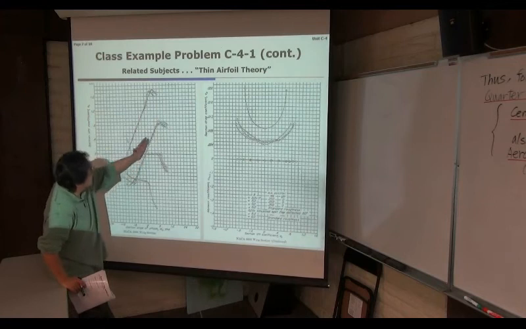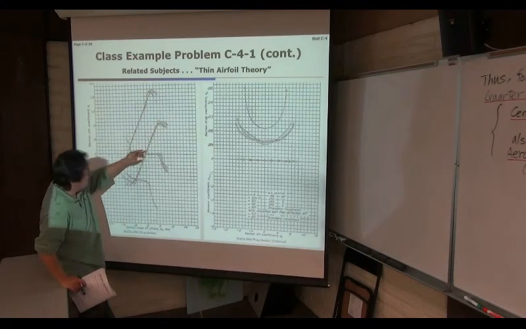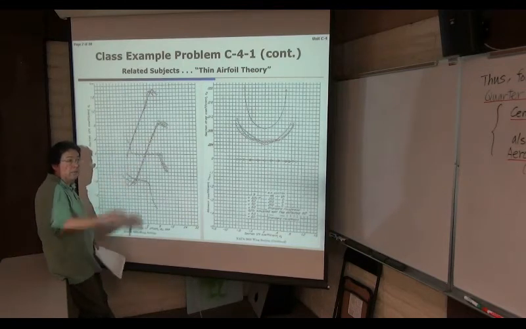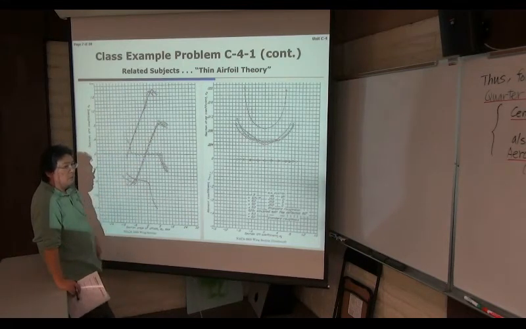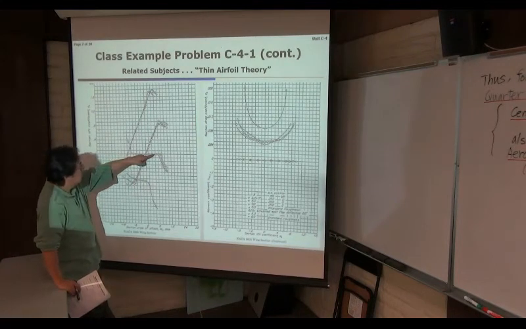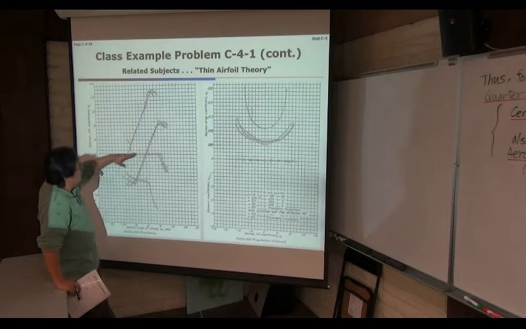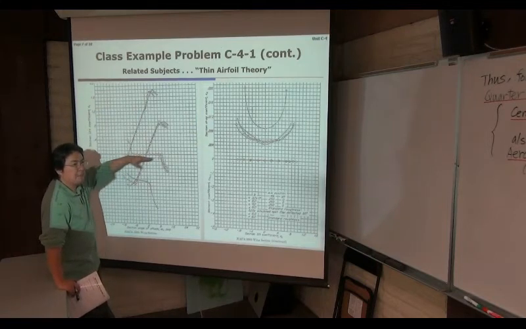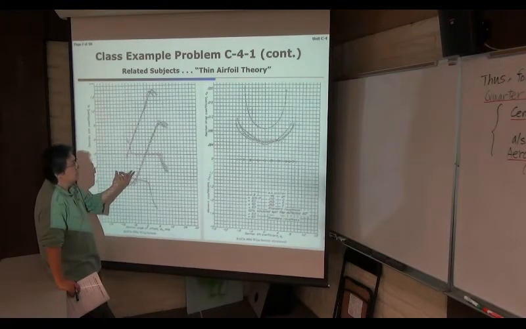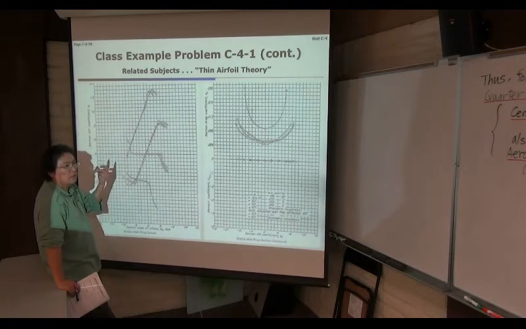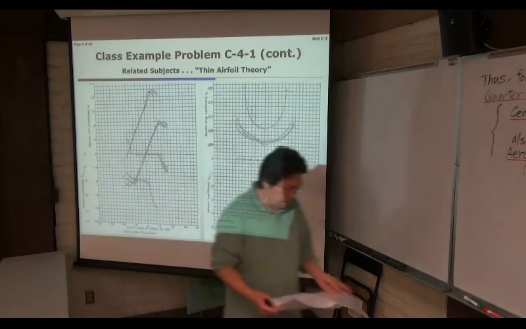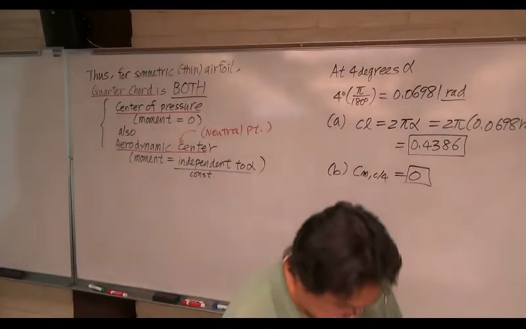This is probably a slightly curved path, so that's why the actual CL is lower than 2 pi alpha, but it's not so far away. Number 2, the quarter-chord moment coefficient, which is this. Oh, it's pretty much 0 and constant. How's that? So thin symmetric airfoil theory actually predicts CL and quarter-chord moment fairly well, right? As you can see.